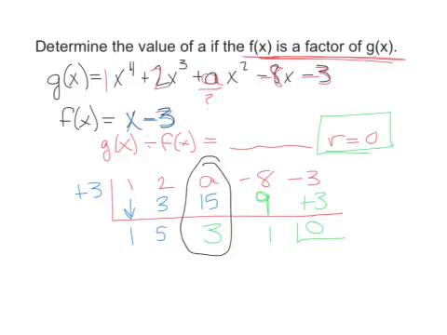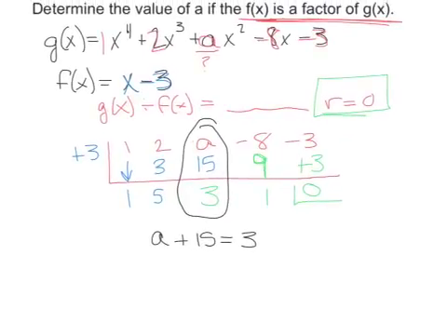And I'm going to use that. I'm just going to set up an equation. A plus 15 equals 3. So now if I subtract 15 from both sides, you'll see that I get A equals negative 12.